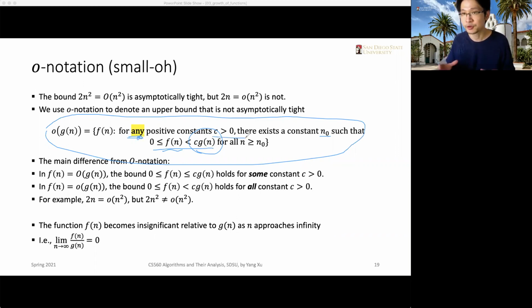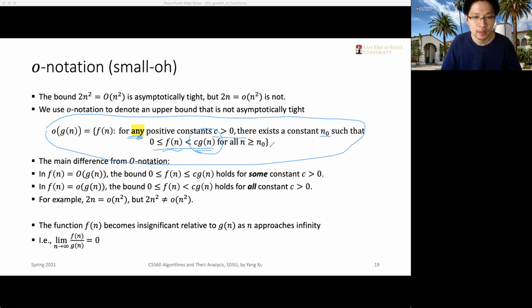So this is a very strong condition, which says that it doesn't matter how small C can be, the C times g of n is always the upper bound. Okay, so intuitively, the g of n must be a very big function. So it is likely to be a very loose upper bound, not a tight upper bound.